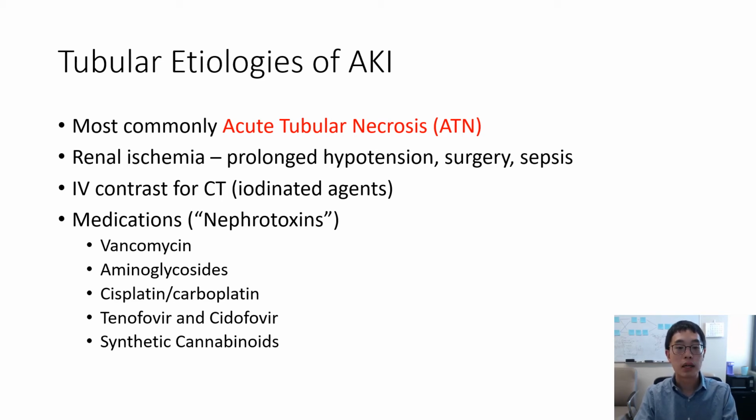A lot of times medications and IV contrast for CT scans can also result in acute tubular necrosis, especially the iodinated agents. The nephrotoxins we talk about, vancomycin, aminoglycosides, cisplatin, tenofovir, synthetic cannabinoids, usually result in nephrotoxicity through the mechanism of acute tubular necrosis.